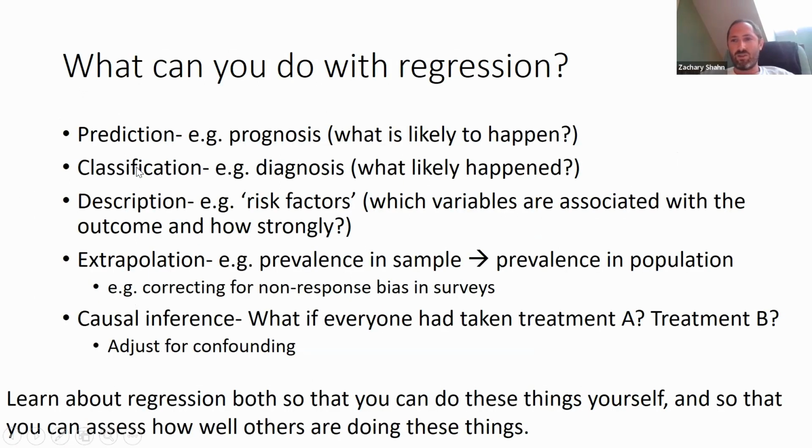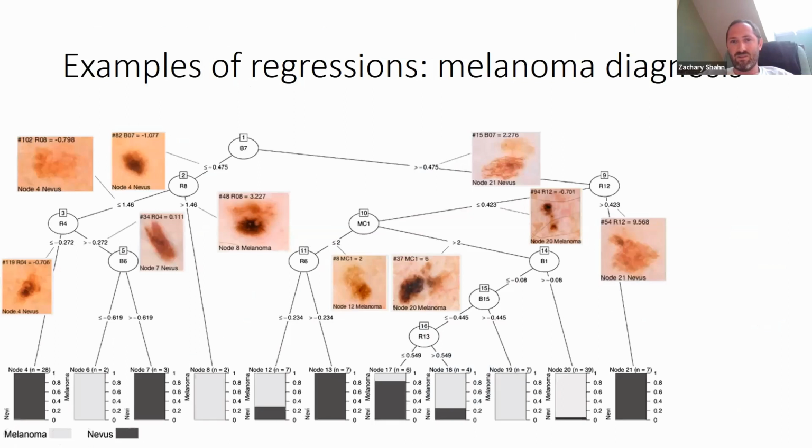Another thing you can do with regression is classification. So maybe you're not trying to predict the future, but you still have an unknown outcome, for example, a diagnosis. You have symptoms that you get to observe, and you're trying to classify what the condition was that led to those symptoms. And again, an example that we saw there would be diagnosing melanoma.